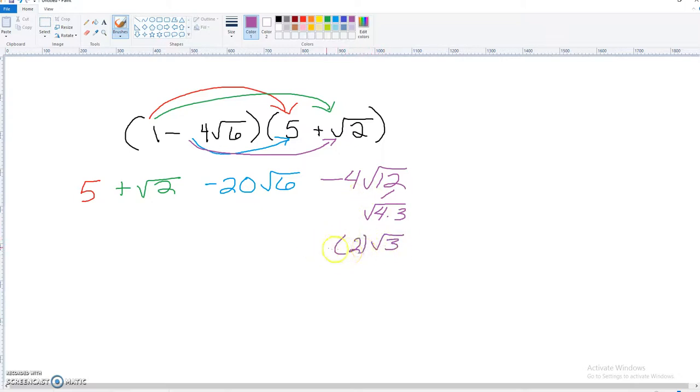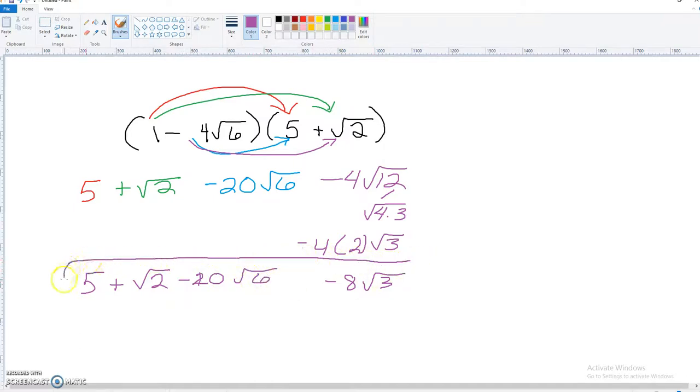We'll bring down our negative 4 here. So negative 4 times 2 is negative 8, square root of 3. And then we'll bring everything else down because nothing is similar to where we can combine them. And so this whole entire thing right here will end up being your answer.